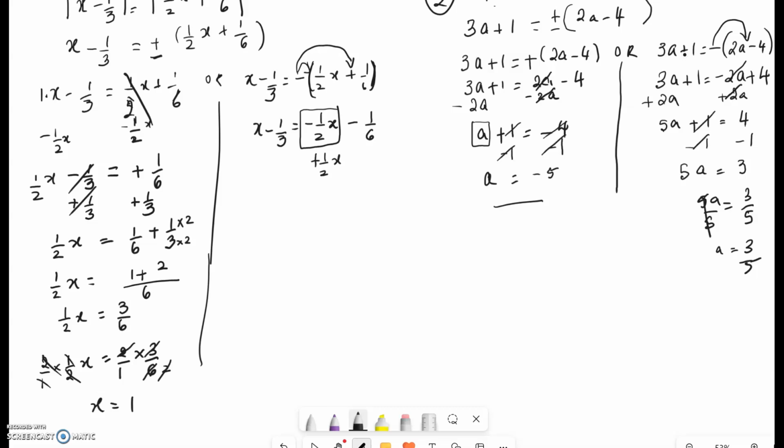We add 1/2 x, so we get x plus 1/2 x minus 1/3 equals negative 1/6, because these two get cancelled. So we combine these two, factor the x out, and you get x times 1 is x plus half times x, and then minus 1/3 equals minus 1/6. So 1 plus half is 3/2 x.